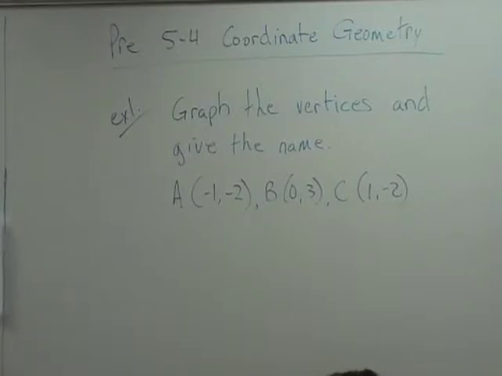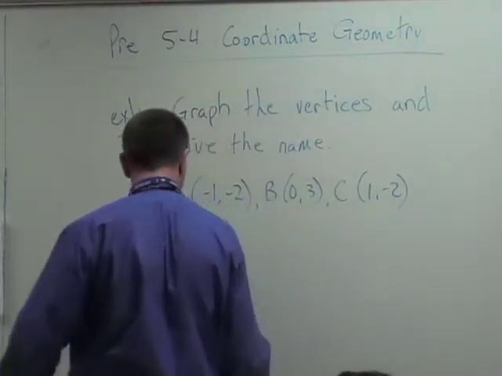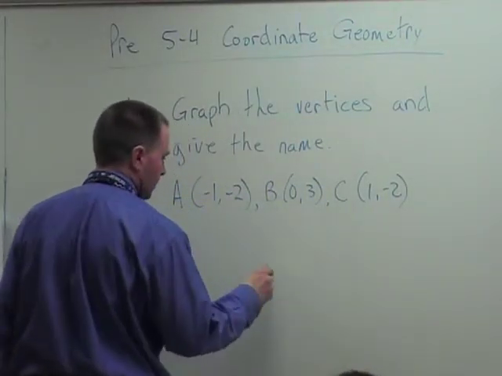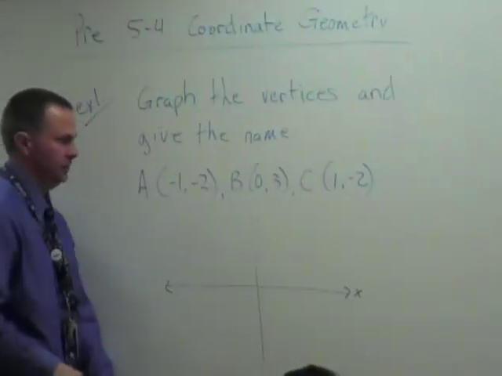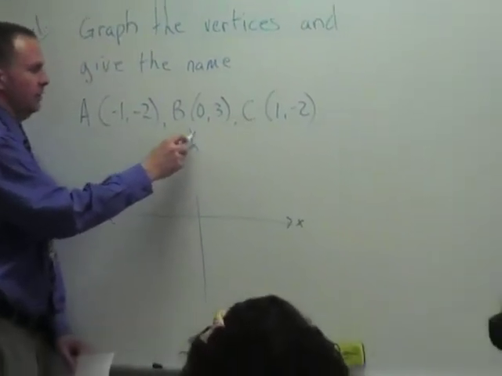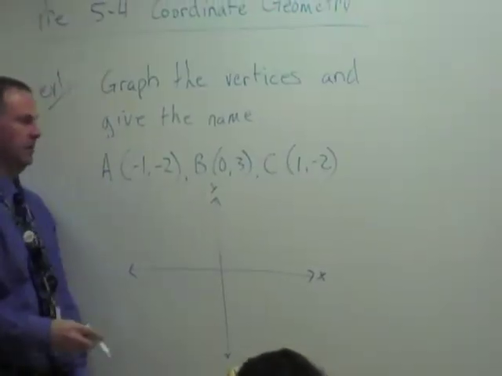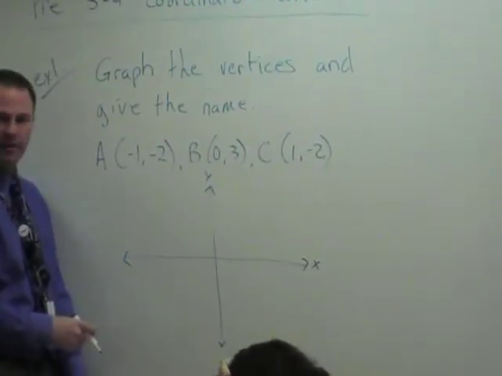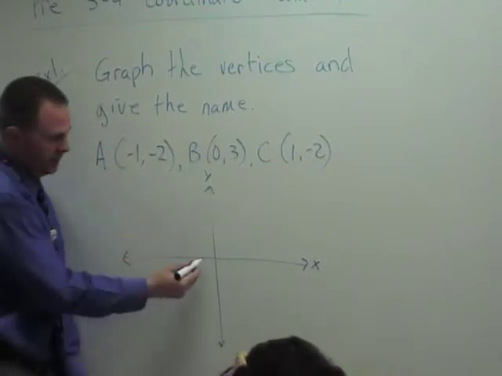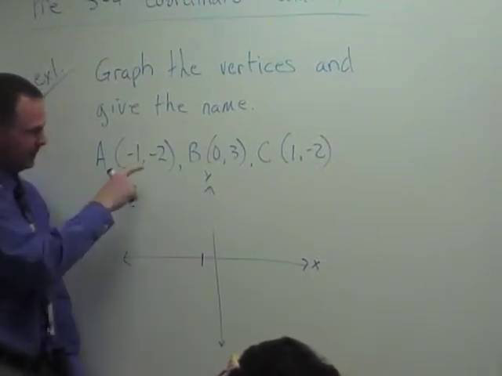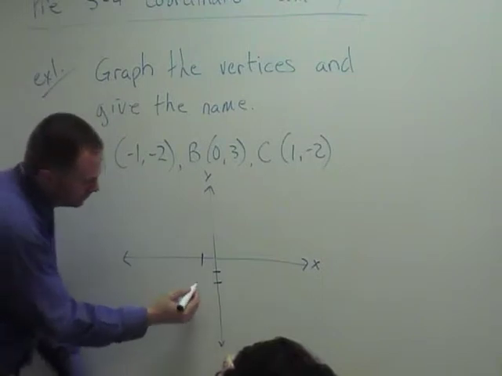Graphing. Let's review. First letter represents what? X. Your X value. Second letter represents Y. So the first letter is left and right. Second letter is up and down. -1 and then down to -2.